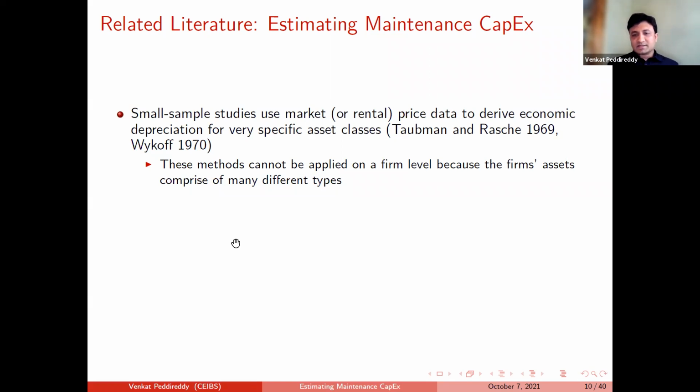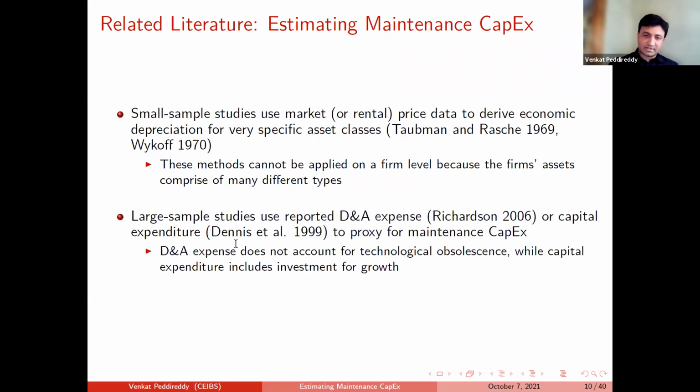But the problem with this is you can only do it for a particular asset. We all know that a firm has a lot of assets bunched up together on the balance sheet, and such a mechanism is not very practical to do on an asset-specific basis.